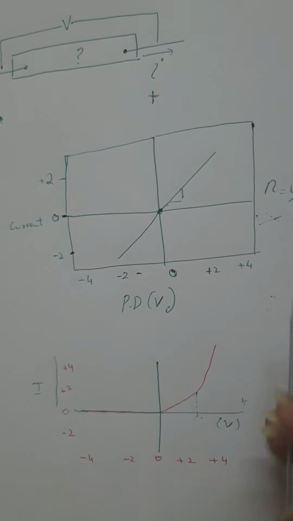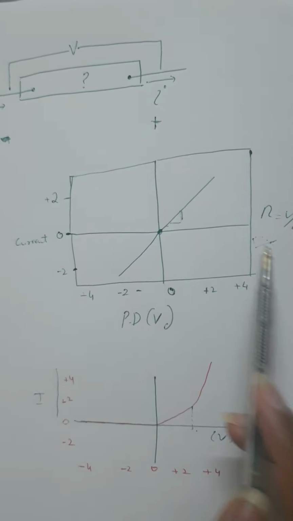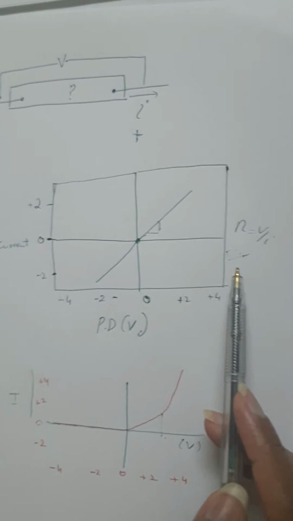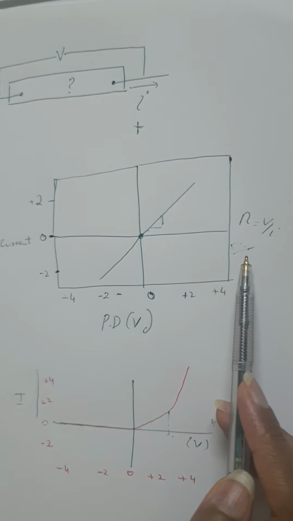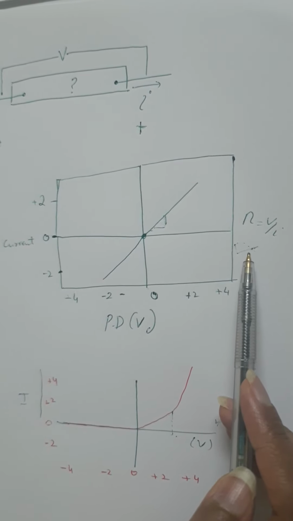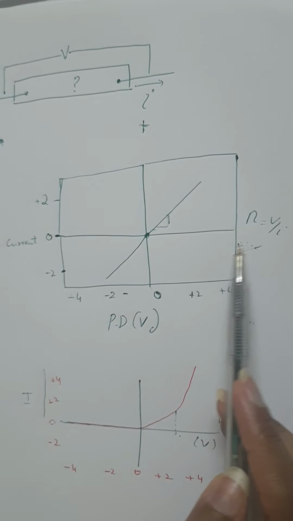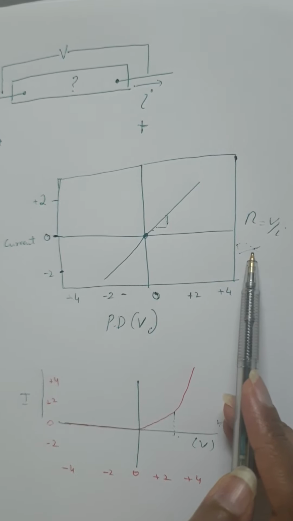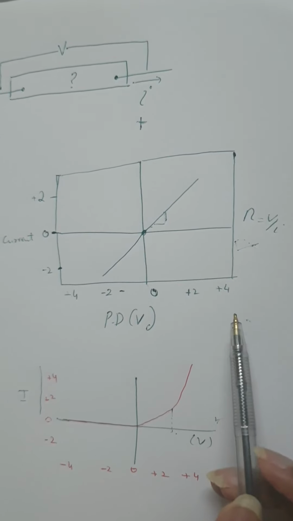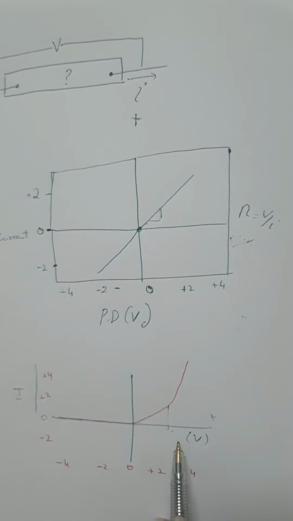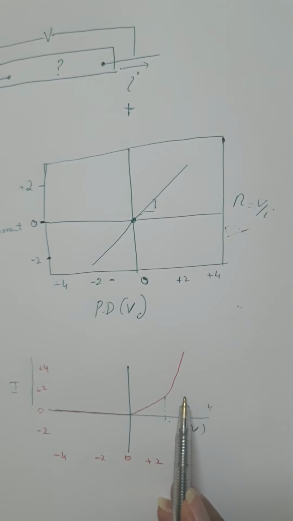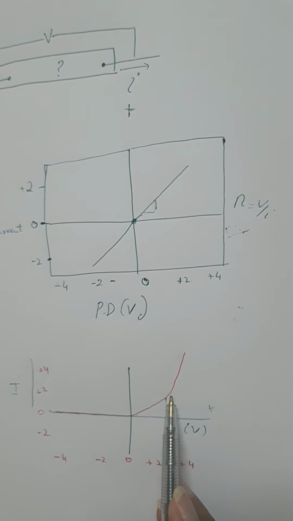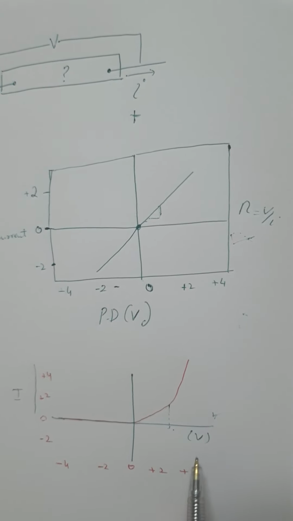For this device, it turns out that for a 1,000 ohm resistor, the trend shows that this resistor is obeying Ohm's law. The device here does not obey Ohm's law, and this is a case of a PN junction diode.